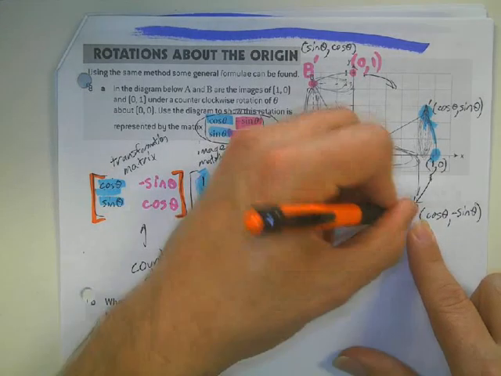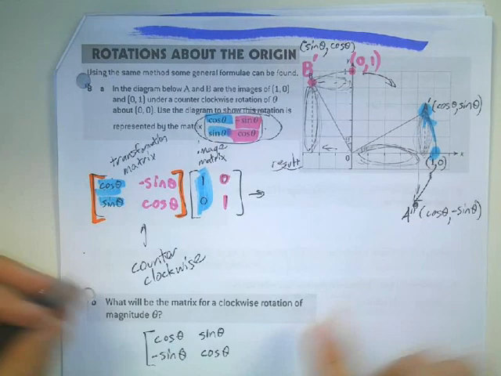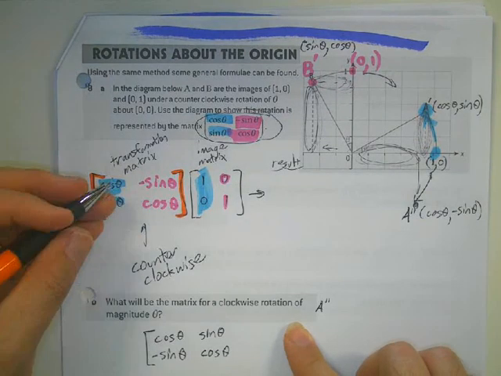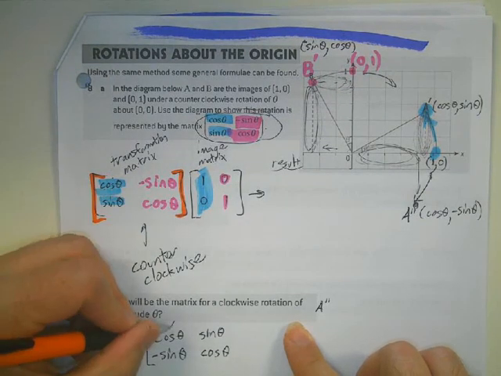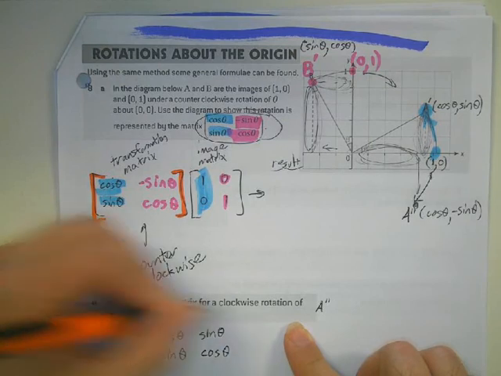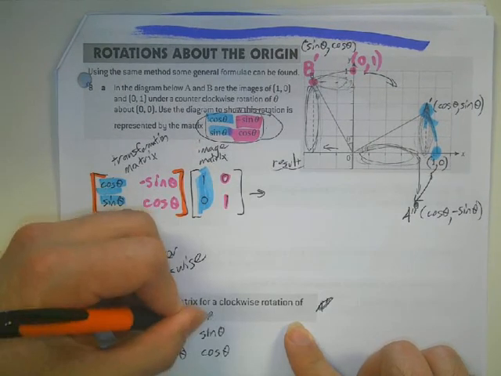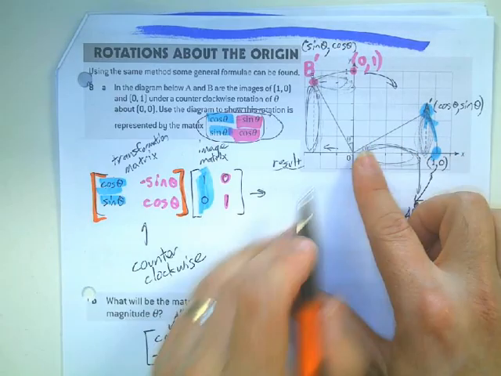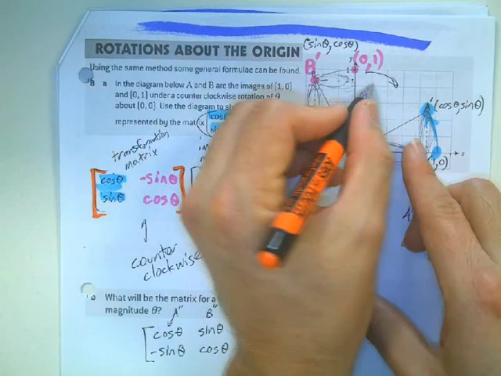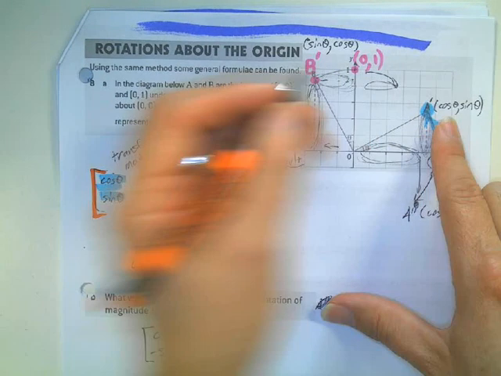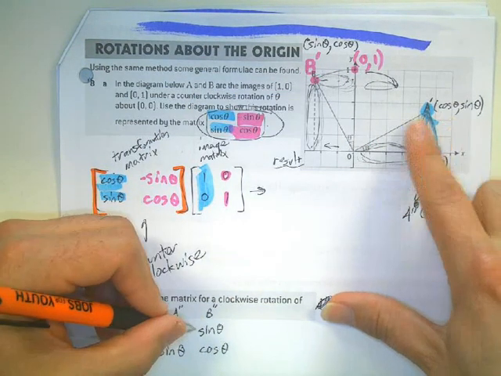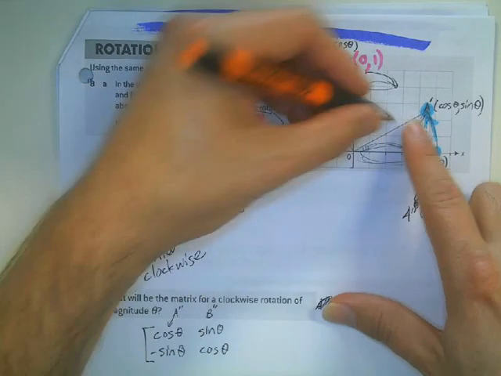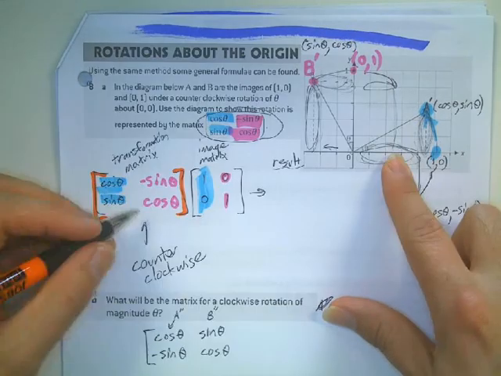Let's call that A double prime and then B double prime. Going from here over to here, this length is sine theta, and this height is cosine theta.